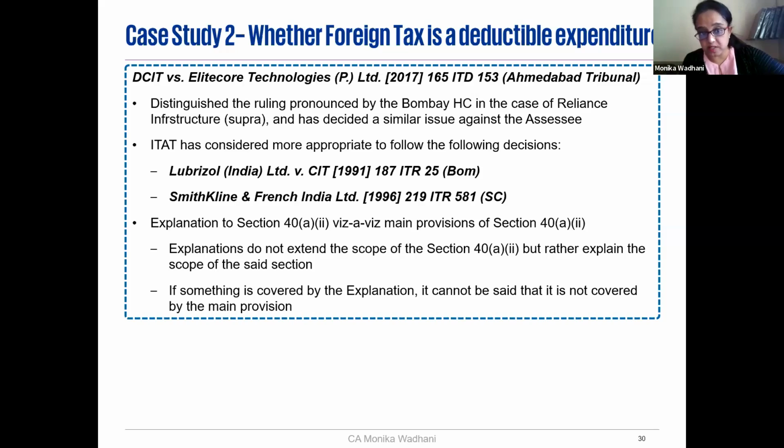It only explains the scope of 48(2). If something is covered by the explanation, it cannot be said that it is not covered by the main provisions. And therefore, it has gone back to those rulings and has taken a principle that word 'any' goes with both rate and tax, and therefore foreign taxes are also covered under 48(2), and therefore deduction ought not to be eligible under section 37(1).